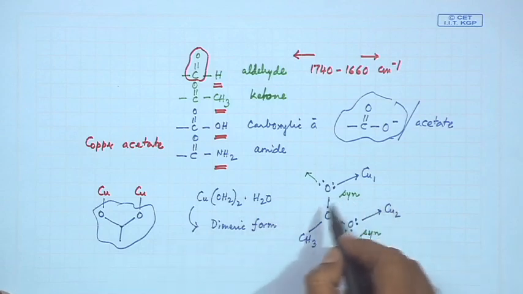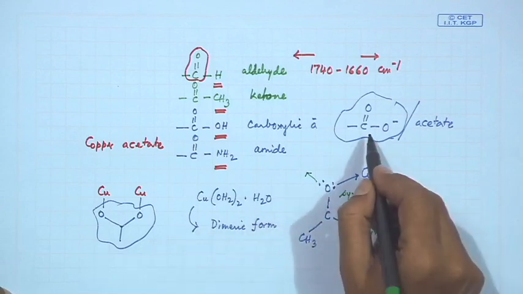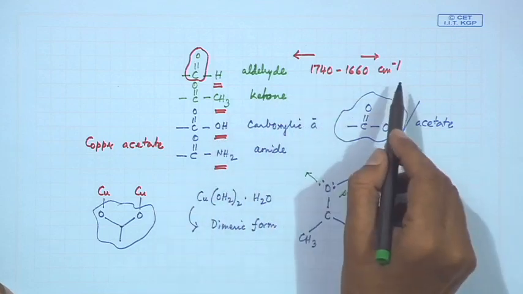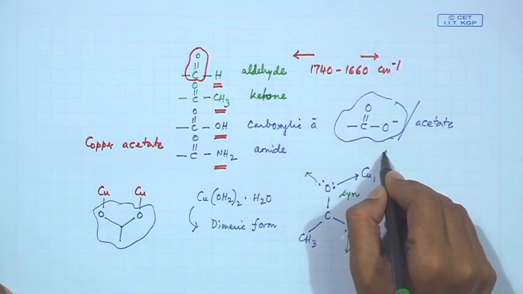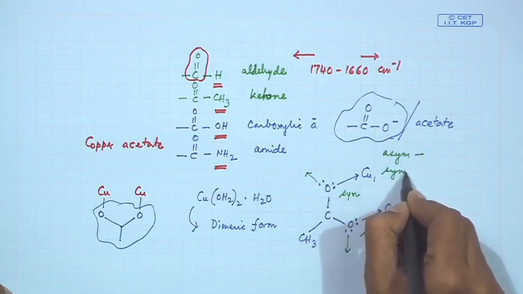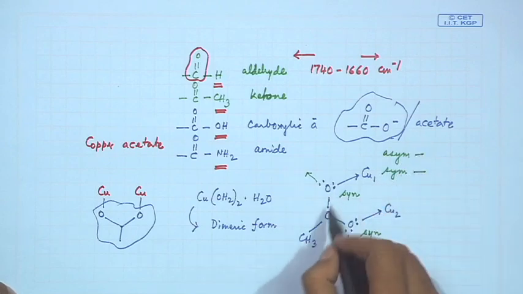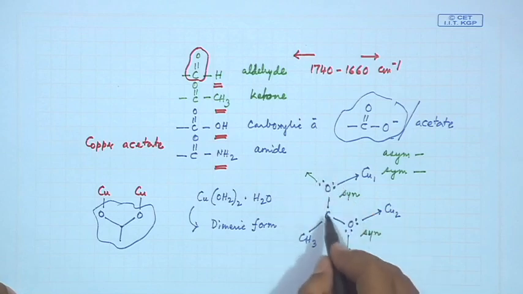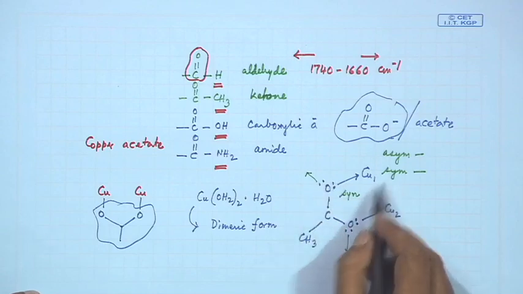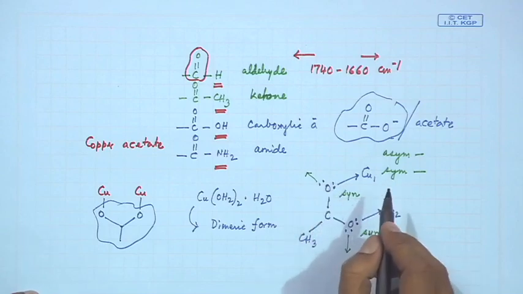So, not only this particular mode of activation that we get in this particular range, but also asymmetric and symmetric stretching of these bonds, where one bond is getting longer and another bond is getting shorter, which is our asymmetric stretching. When both of them are longer it is symmetric, and both of them shorter is also symmetric.